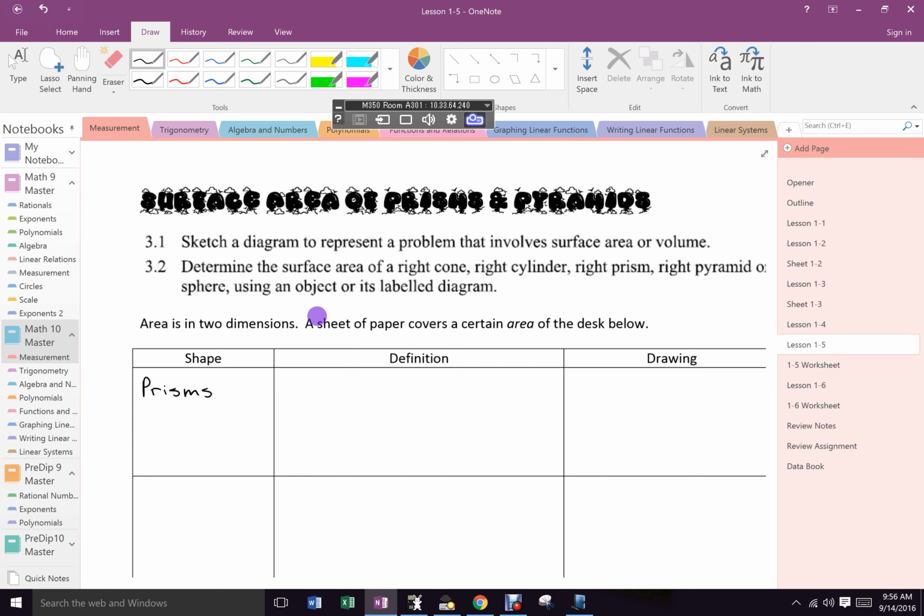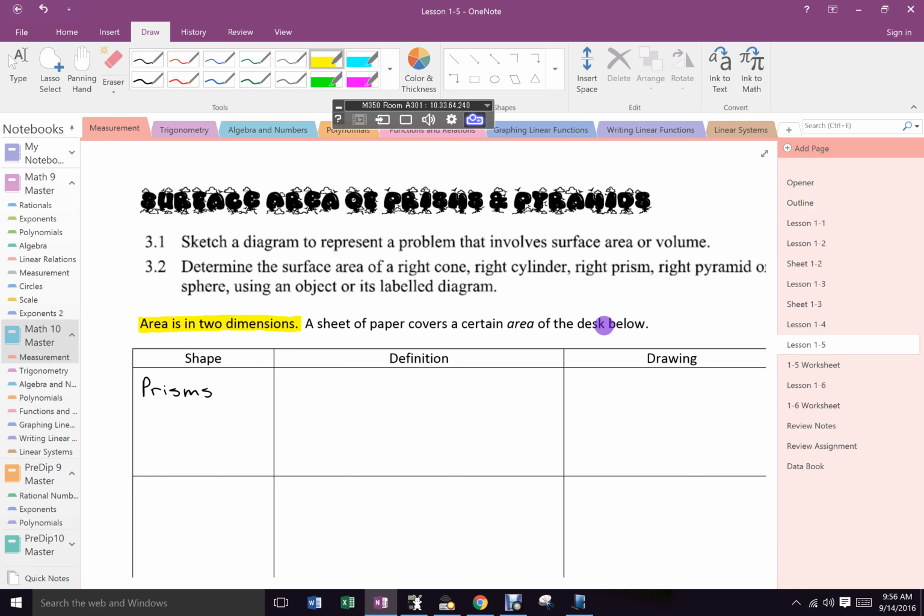Before I go on, I need to call your attention to this line right here. Area is 2 dimensions. Length and width. Okay? When you have something on your desk, you are covering a certain part, an area of the desk.